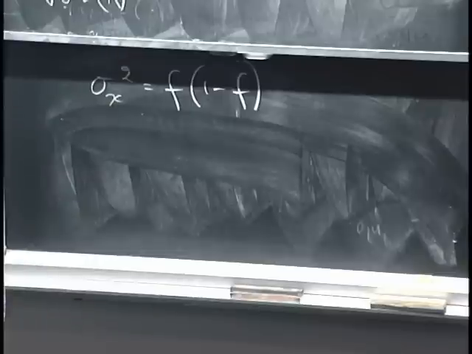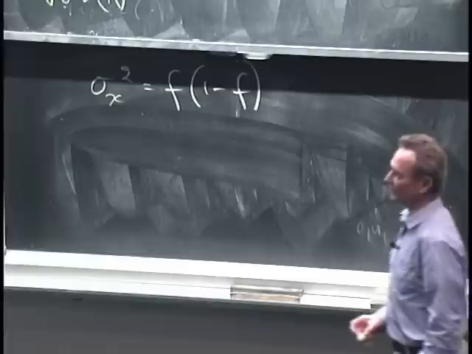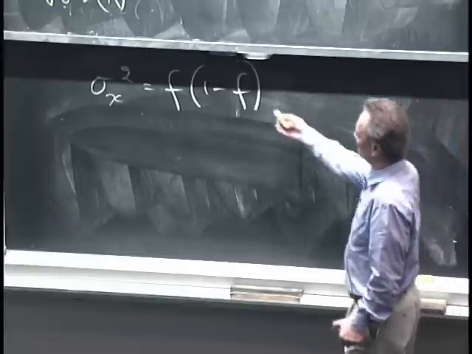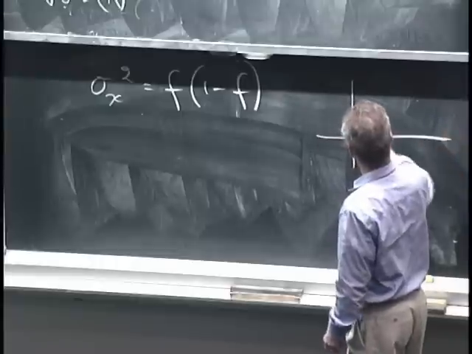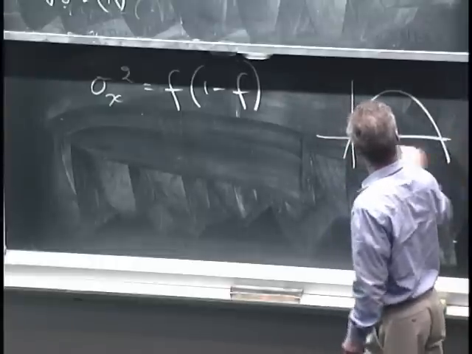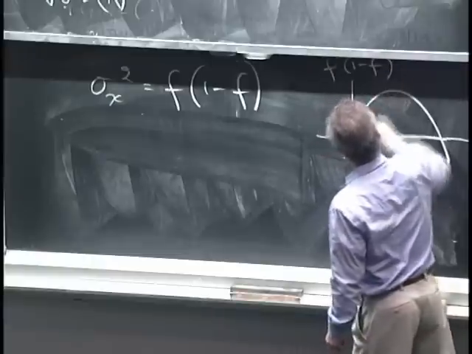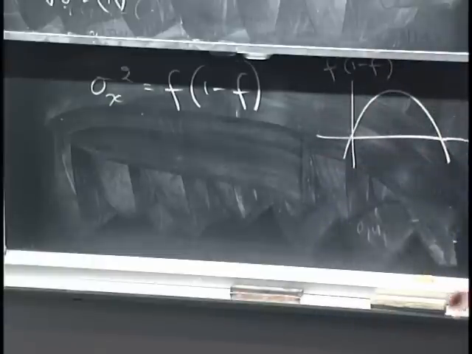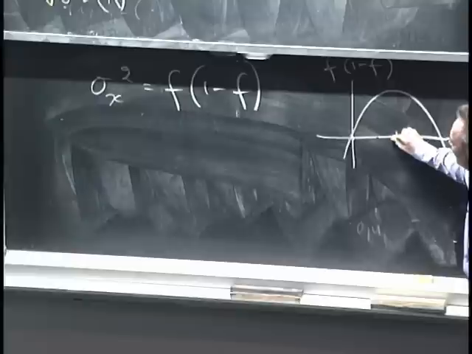What I can do is to be conservative and use an upper bound of the variance. How large can this number get? Well, you can plot f times 1 minus f. It's a parabola. It has roots at 0 and 1, so the maximum value is going to be, by symmetry, at 1/2.